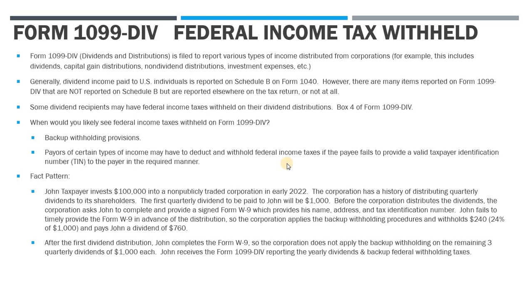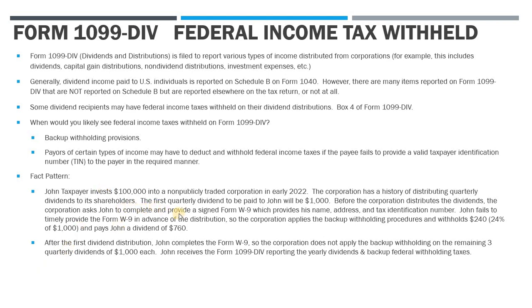Now, that's the number one reason that we see, but there are also other reasons. The payor might receive a notice from the IRS saying that you haven't been compliant with all of your tax reporting, and so they require the payor to do backup withholding. But a lot of times it happens because you simply haven't provided a valid taxpayer ID number, name, address, and so the payor tried to, or did, in fact, withhold taxes.